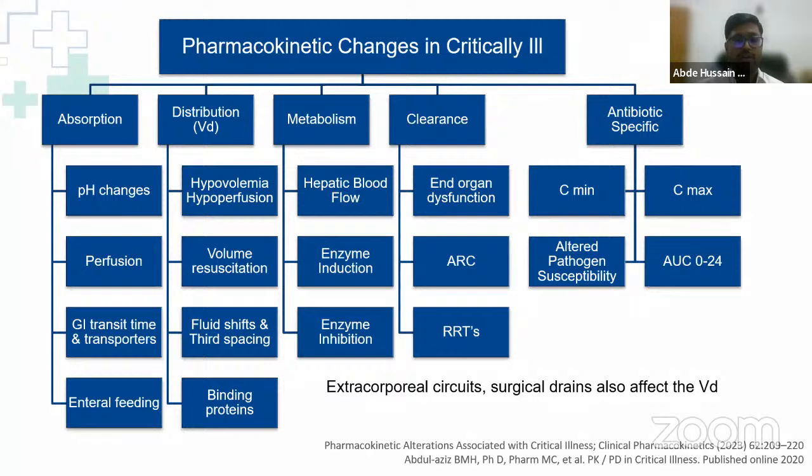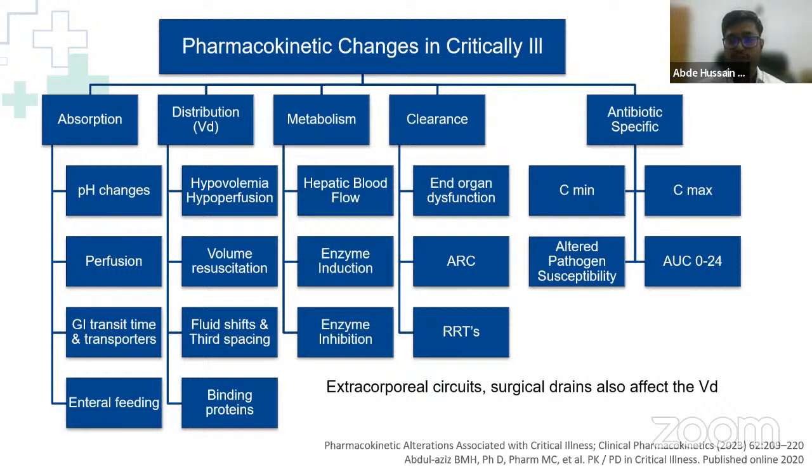So a good table to remember is the pharmacokinetic changes on the basis of absorption, distribution, metabolism, and clearance, especially related to antibiotics. First is the pH changes in absorption. The gut pH changes because of the use of pantoprazole that we use for stress ulcer prophylaxis. Certain acidic or basic drugs can get altered absorption.